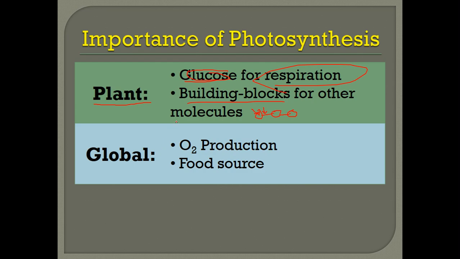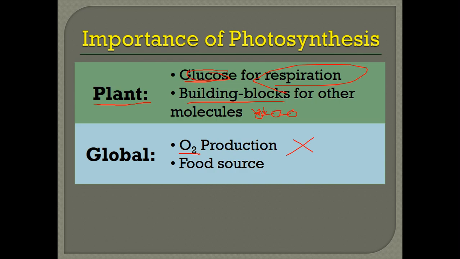As far as the entire Earth goes, the importance to life on Earth is that photosynthesis is responsible for the production of oxygen. And remember, plants are not trying to produce oxygen. It's not like they needed it. It was a byproduct. For a long time in Earth's history, oxygen was toxic to life on Earth.